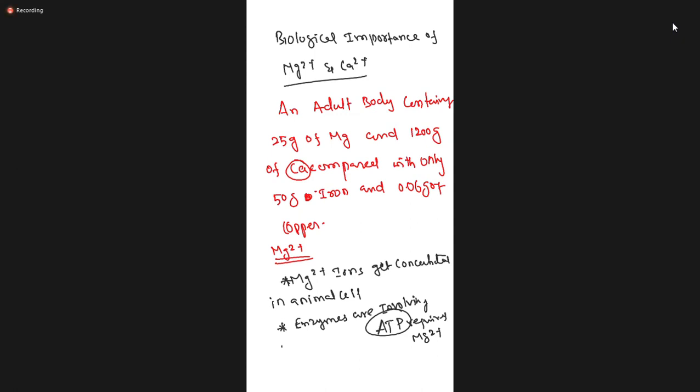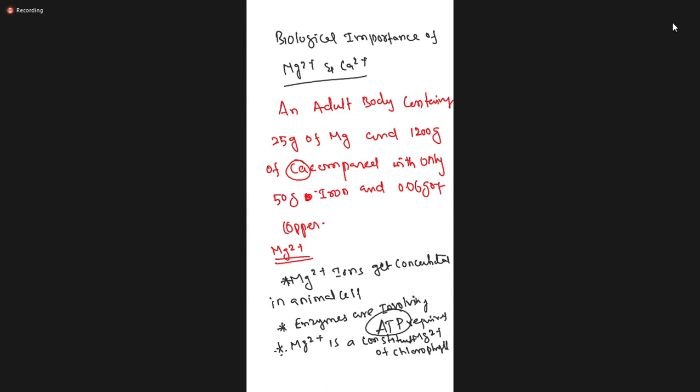And the last point about Mg2 plus. Mg2 plus is a constituent of chlorophyll, the green pigment of plants.